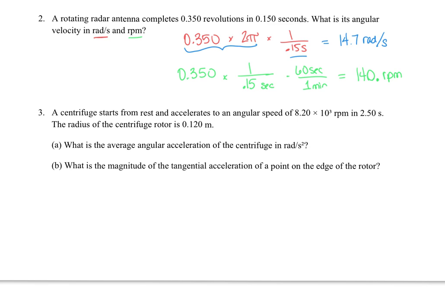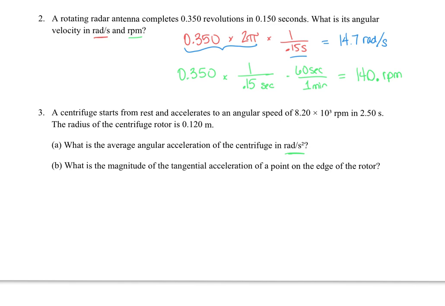So this one they have given me that it starts from rest and goes to this particular speed. So if I'm doing acceleration, remember acceleration is just my velocity over time. Think of it that way, right? We need it in radians per second squared. So my starting velocity obviously is 0.